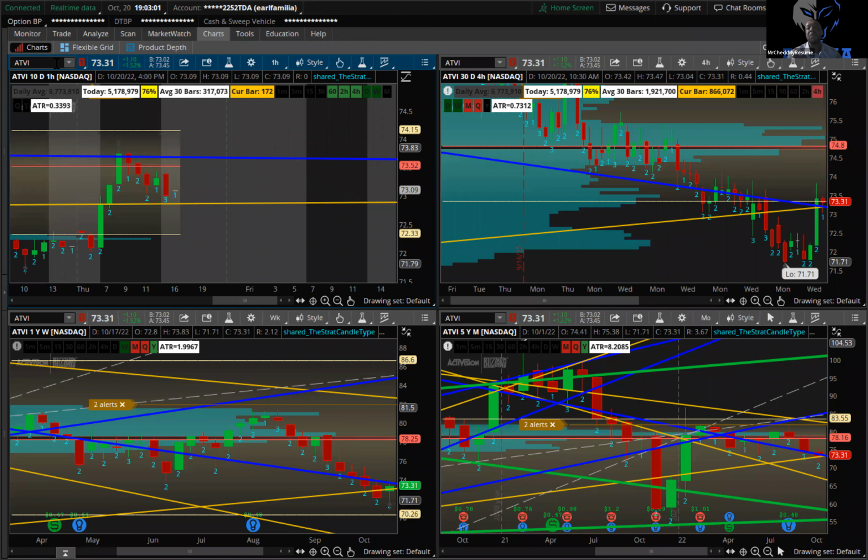Typically, when you get a move like this on the day, actually for the last 2 days, you're not gonna just reverse back down immediately like that. I would expect maybe a little more consolidation, then move up. But other than that, I'm still bullish on it. I'm looking for continuation type plays.